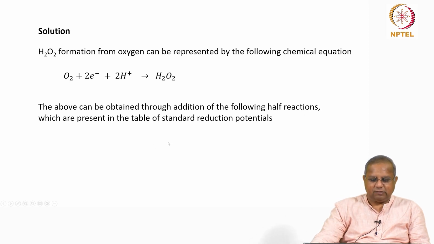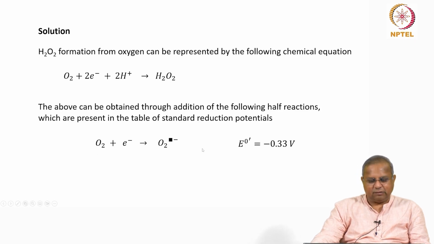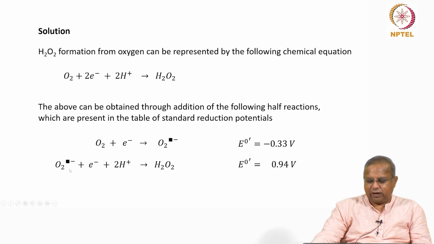The half reactions are these: obviously oxygen plus electron giving you superoxide, the standard reduction potential at pH 7 is minus 0.33 volts from the standard reduction table, and the reaction superoxide plus electron plus hydrogen ions gives you H2O2, and the value here is plus 0.94 volts.